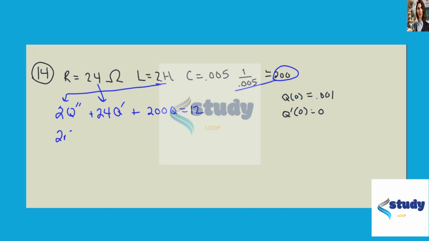So that gives me 2R squared plus 24R plus 200 equals 0.